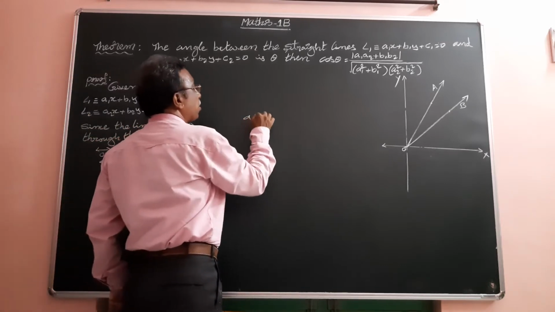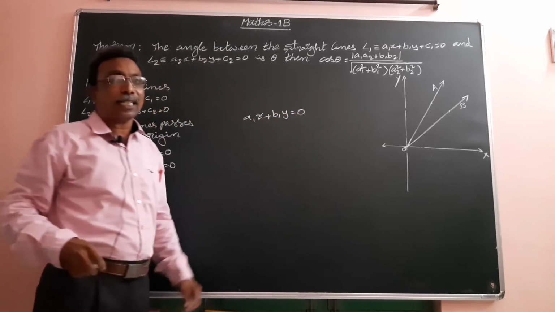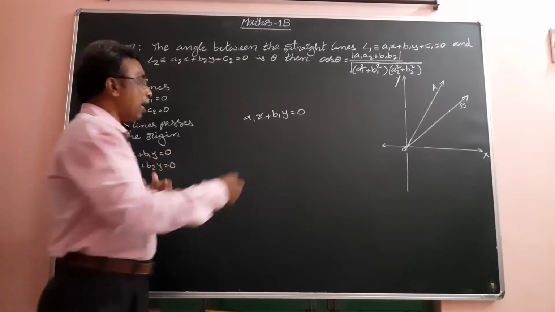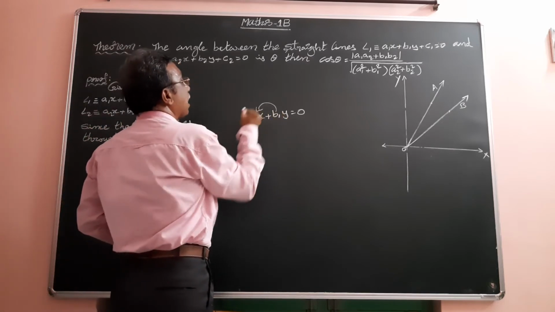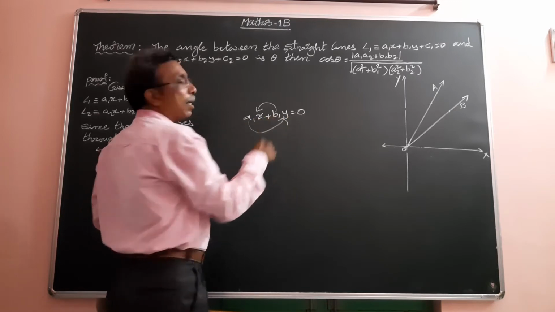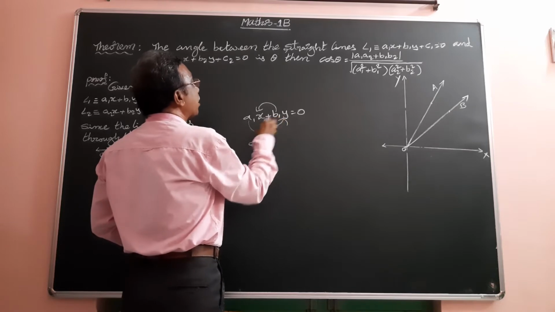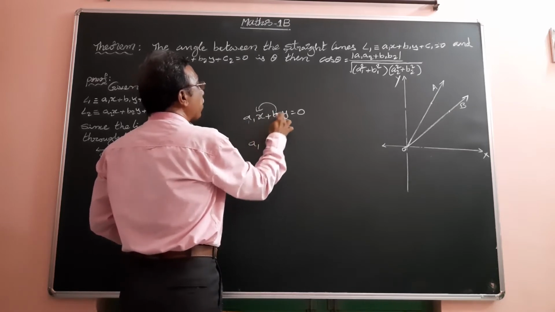Now we observe A1x plus B1y equal to 0. Which point we take satisfies this equation? This coefficient is x, this coefficient is y. So A1 into x means now we take B1.